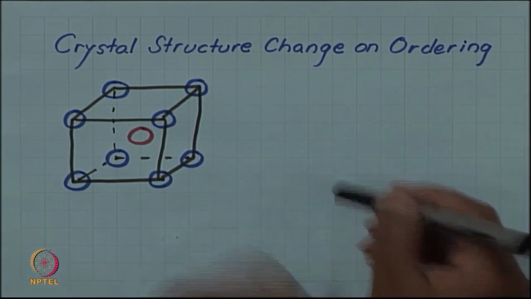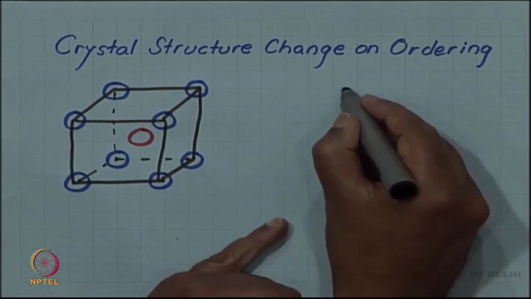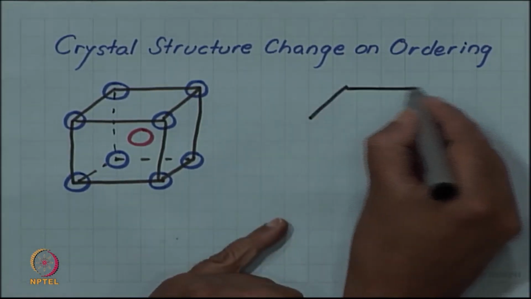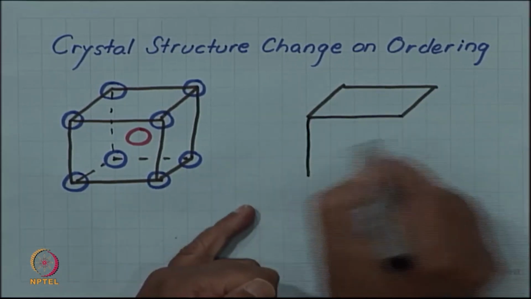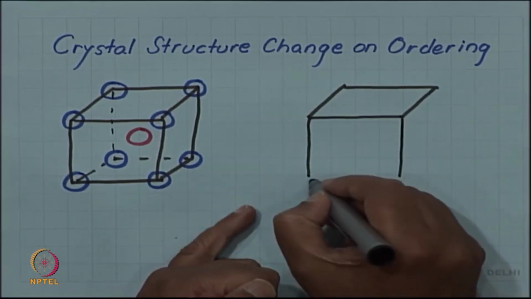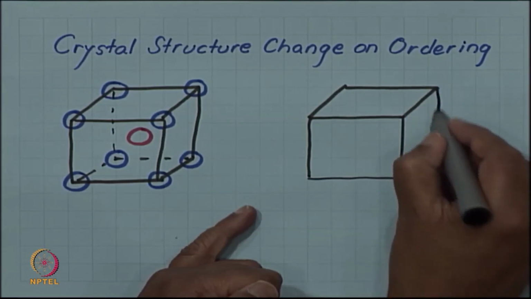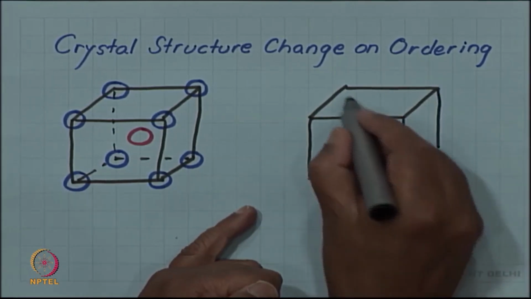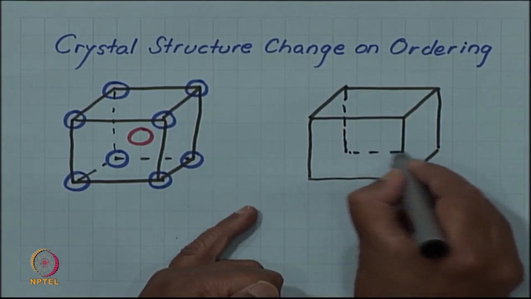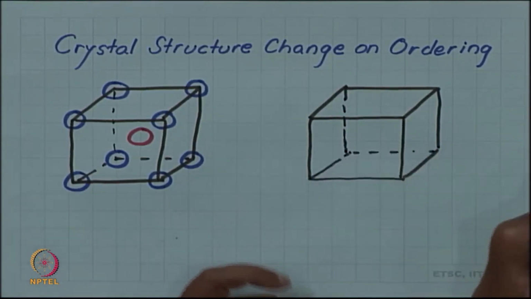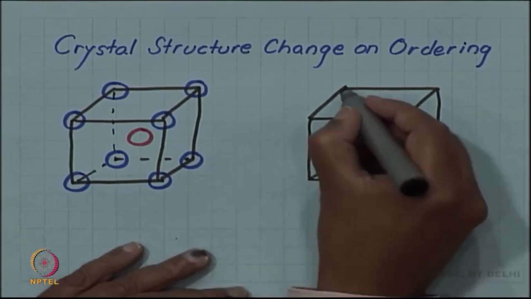Now, a disordered unit cell will have no such preference.